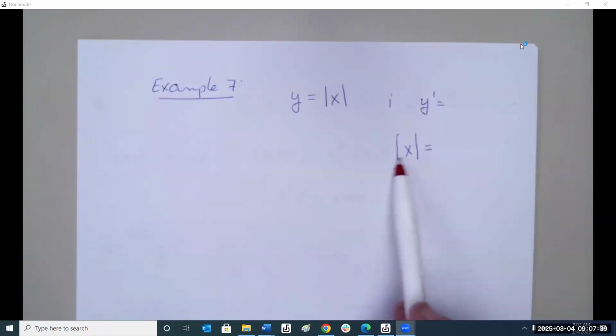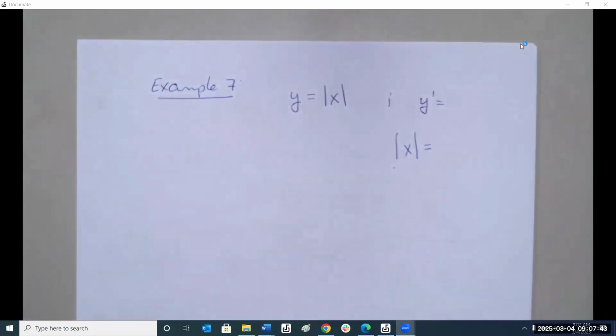The absolute value does what? Ever see it? Anybody ever not see this before? I've seen this one before, and I understand it.